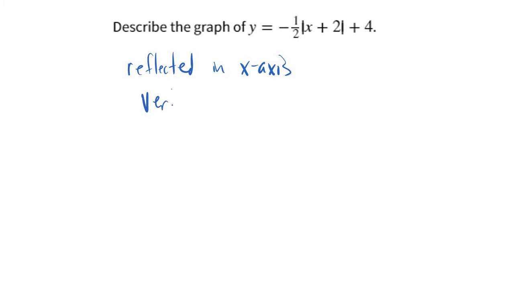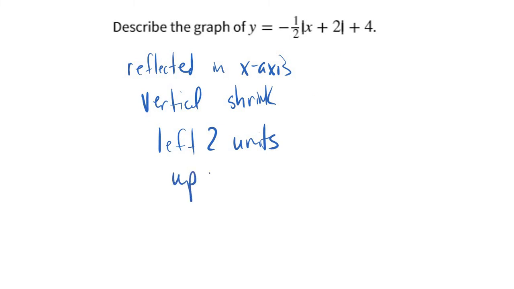So that's a vertical shrink, or you could say it shrunk by a factor of 1/2 if you want. This one we should be familiar with, just talked about some examples like this. So that's going to be left 2 units. Remember that sign feels backwards. And up 4 units. So a lot of changes.